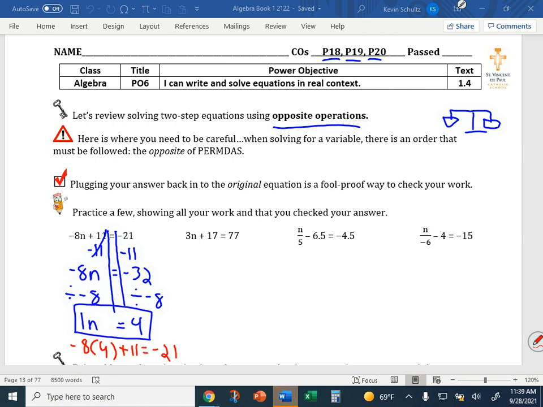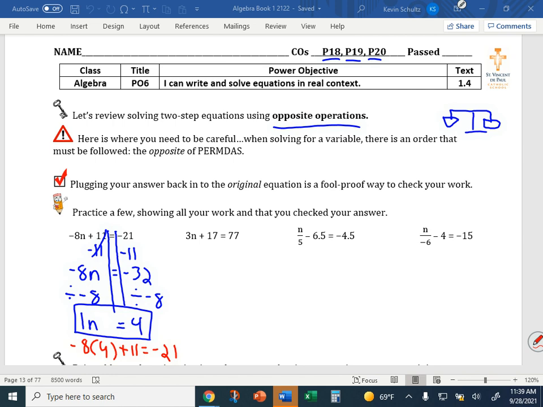It takes seconds to do on a calculator, and it's a great way to verify you've gotten a question right, in case you make a silly mental math mistake or you miss a sign or whatever. Okay? Negative 8 times 4, negative 32, plus 11 brings us to negative 21. So basically, a quick review of solving two-step equations like we did last year.